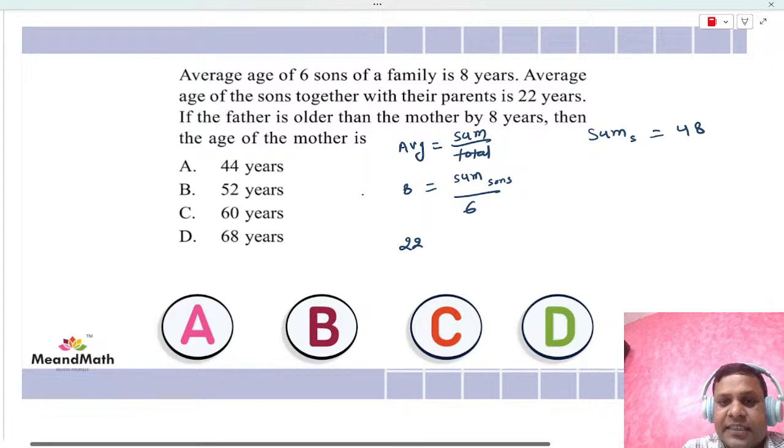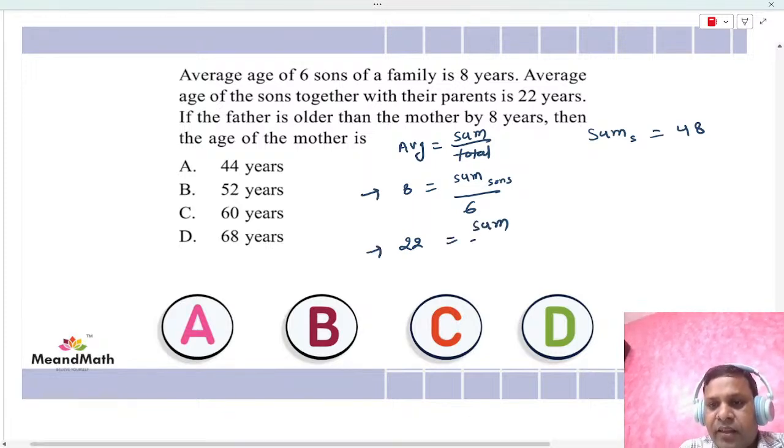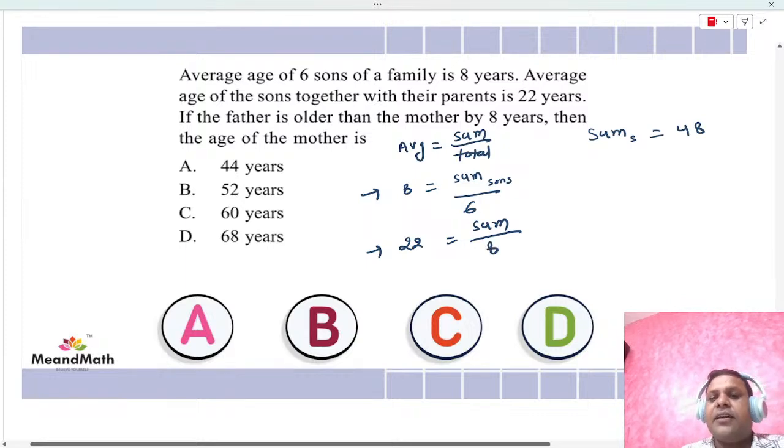In the second case, average is 22, which is equal to sum upon 8, since there are 8 members here. So the sum of total is equal to 22 into 8, which is 176.